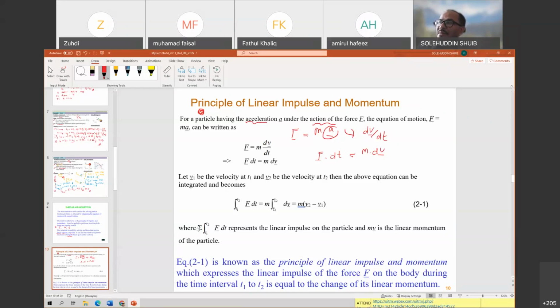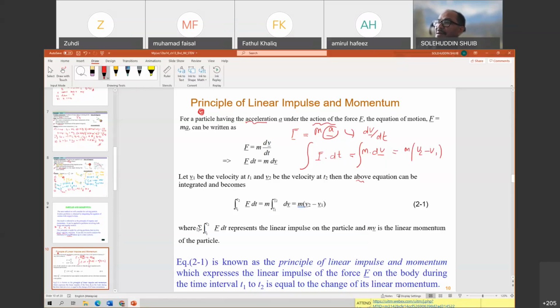The equation that we have obtained just now, we can integrate both sides, and it becomes as follows. You get the integral of F dt, and integrating v1 to v2, you get m times (v2 minus v1).